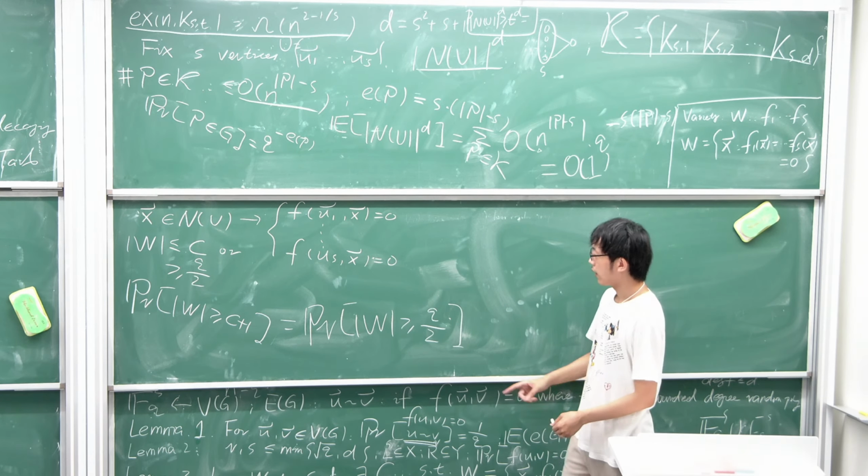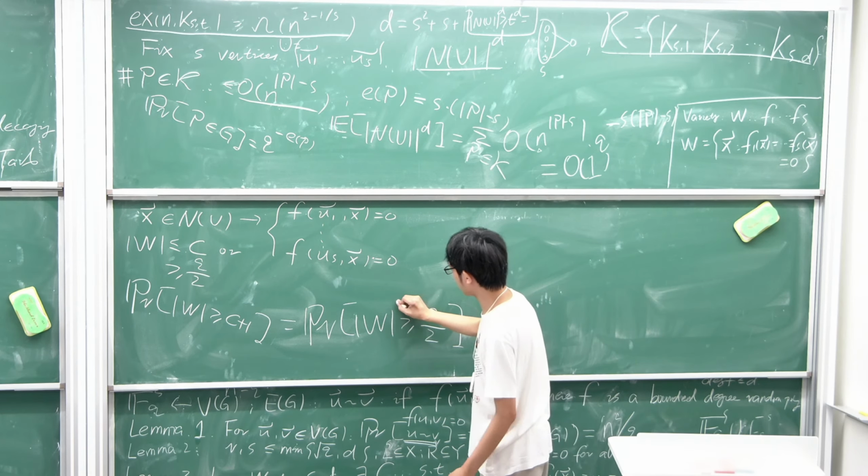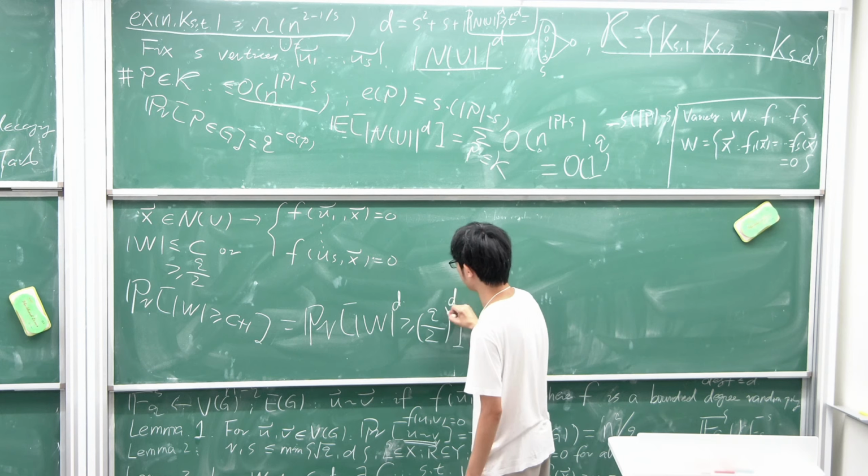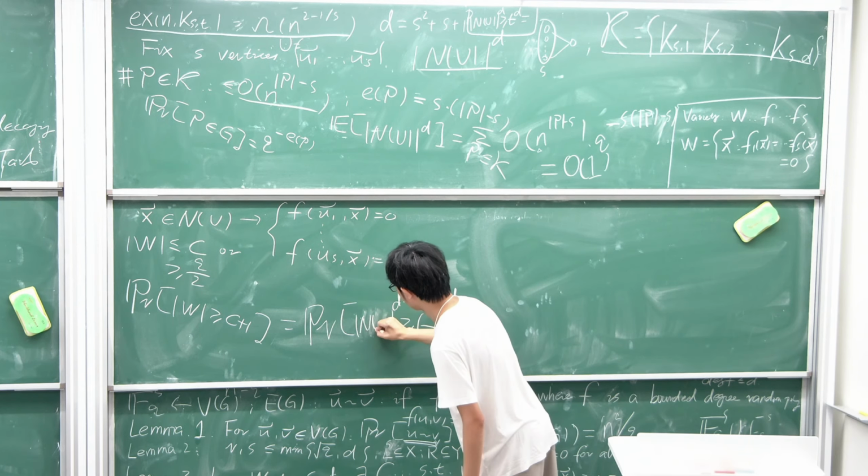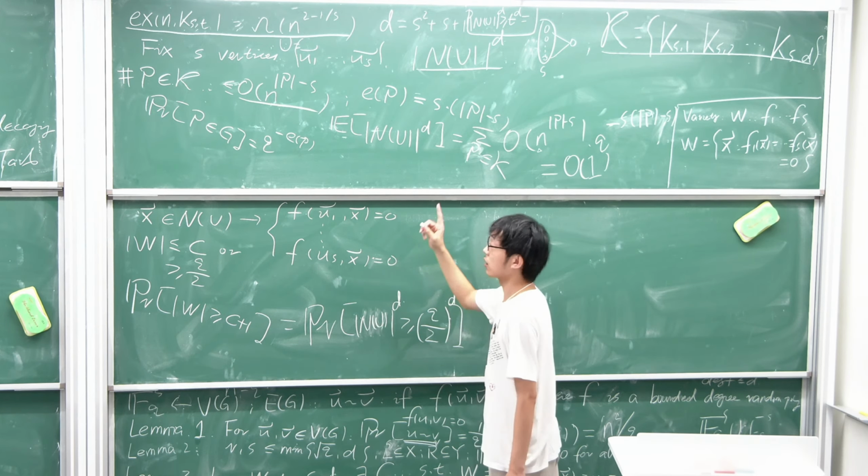Yeah, and here W is N_U, as we have discussed. So we have known that the expected number of this term is bigger than 1, right? So we can use the Markov inequality to upper bound this probability. That is big O of 1 over Q to the D. So now we can see the advantage of this construction.